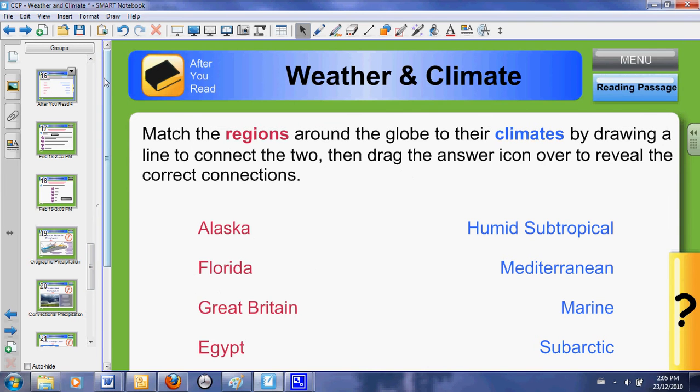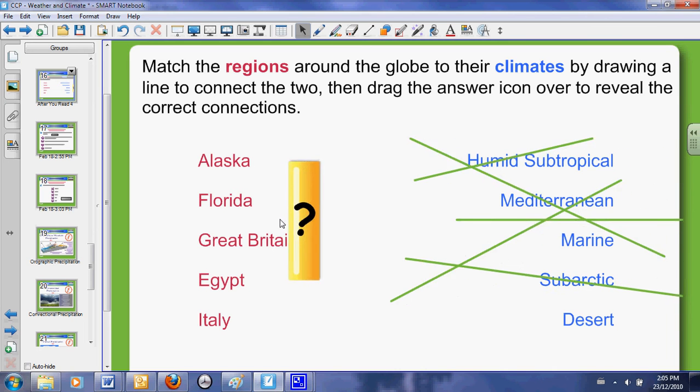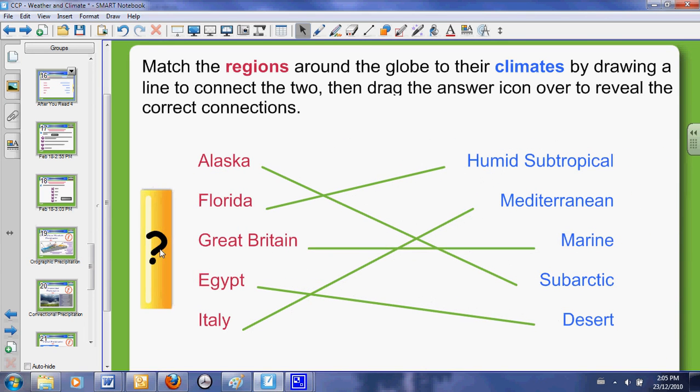Here on this one, you are expected to match the regions by drawing a line to whichever one matches up. And this is what you should have had.